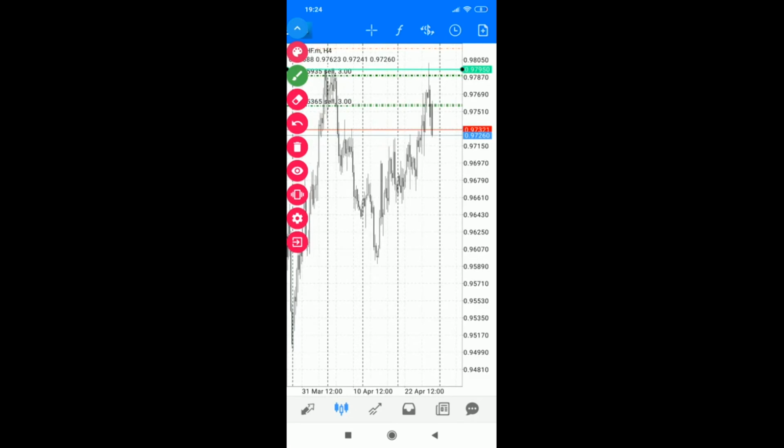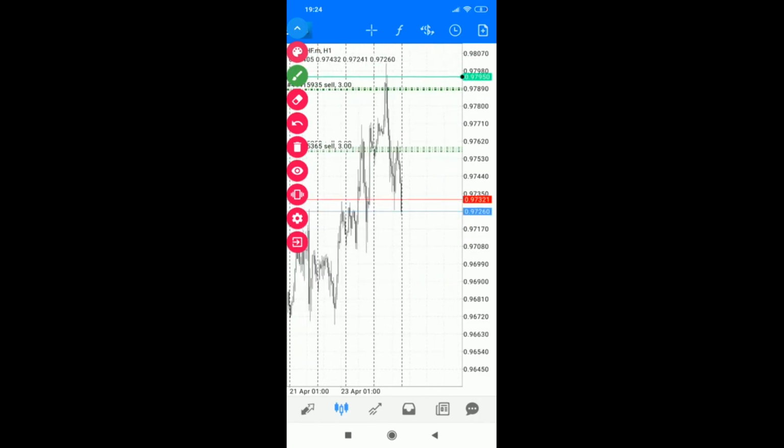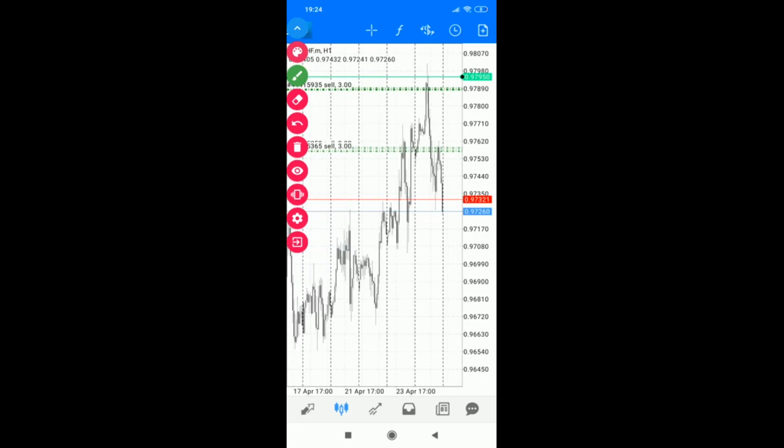So what you can do is go to the 1 hour and wait for it to close. The 1 hour close showed you that this one was a false break because price closed lower. It broke, then it was a temporary break, then it went back into the normal zone.